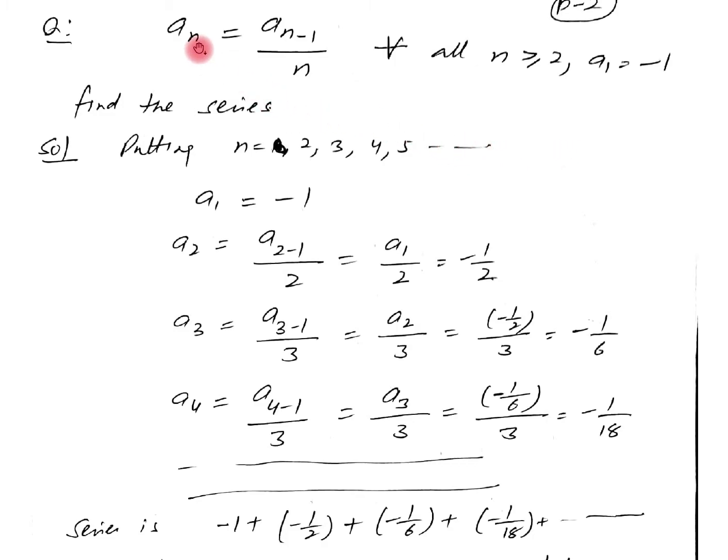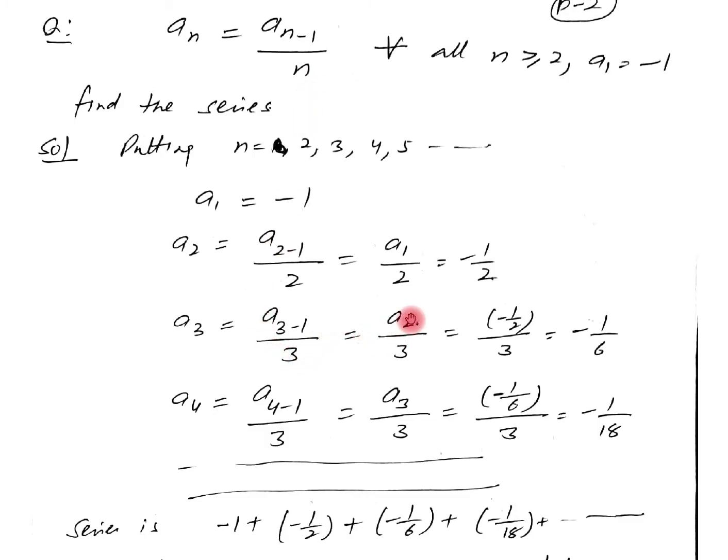Now putting n equal to 2 here, we are getting a2 equal to a1 upon 2. Now the value of a1 is minus 1. Putting it here, we are getting a2 equal to minus 1 upon 2. Similarly, putting n equal to 3, we are getting a3 equal to a2 upon 3.